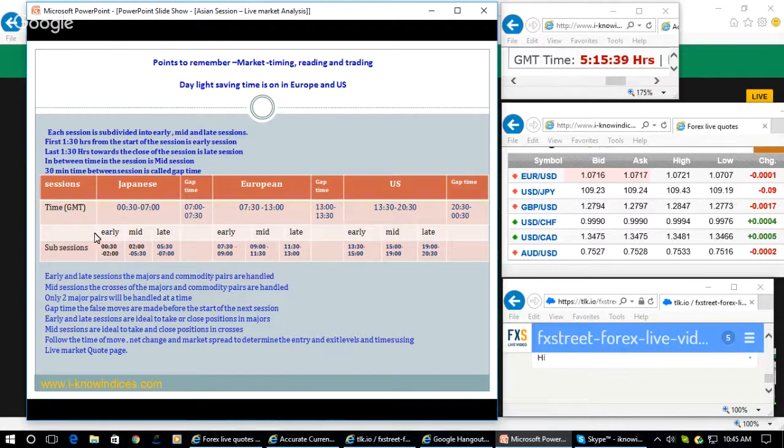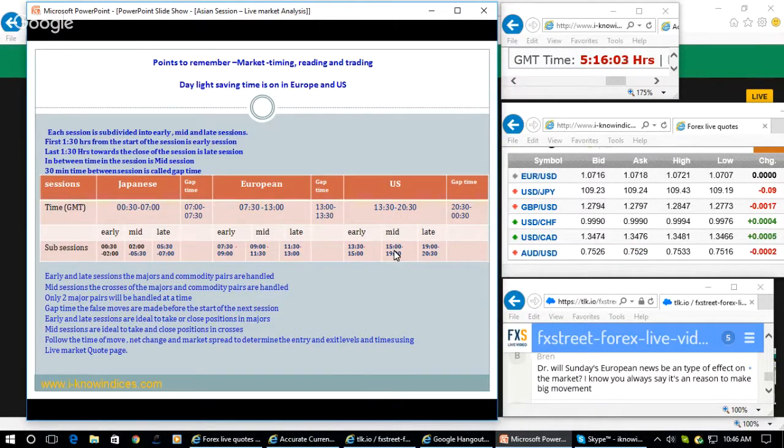Each session is further divided into 3 subsessions, namely the early session of 1.5 hours and the late session of 1.5 hours from the start and towards close, and the balance time is the mid session in each of the sessions. During the early and the late session, they handle the majors, and during the mid sessions, they handle the crosses.